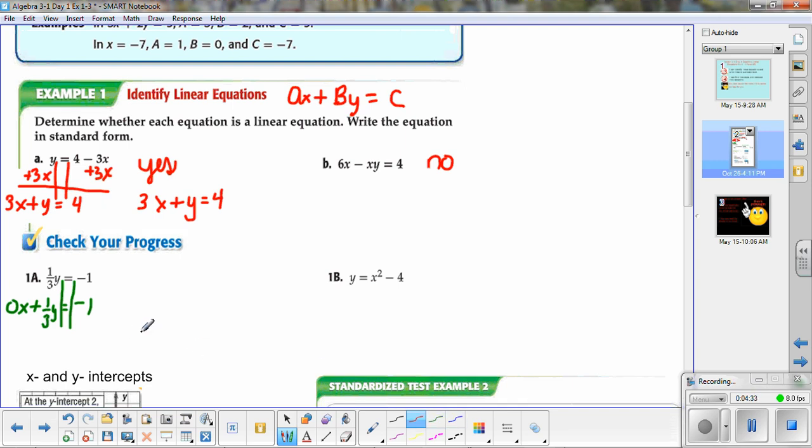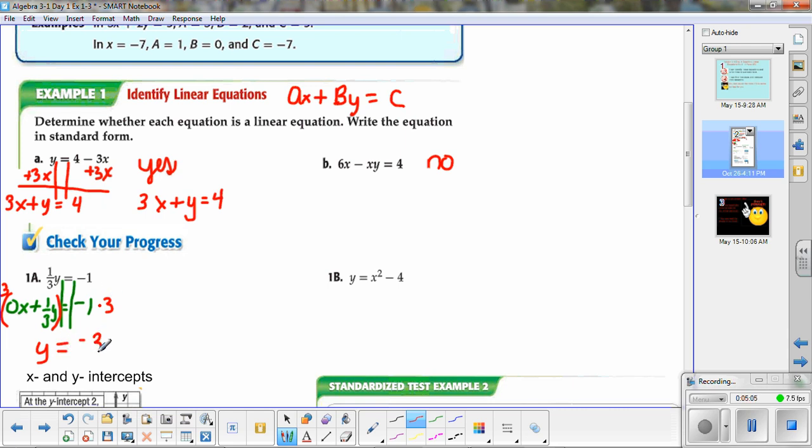I'm going to go ahead and multiply both sides by 3. If I multiply both sides by 3, three times 0x is still 0x. And I'm not going to bother to even write that in my equation. But then 3 times 1/3 y is going to be just 1y, and -1 times 3 is -3.